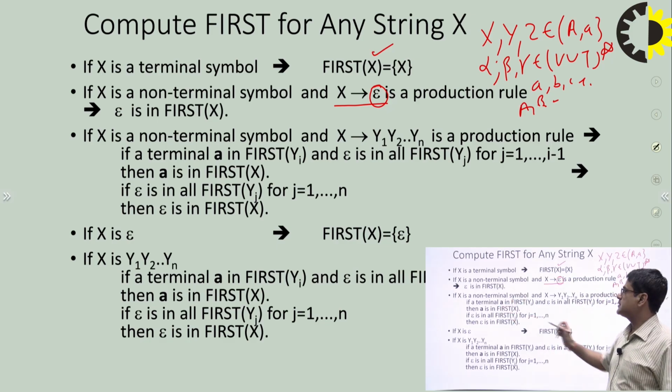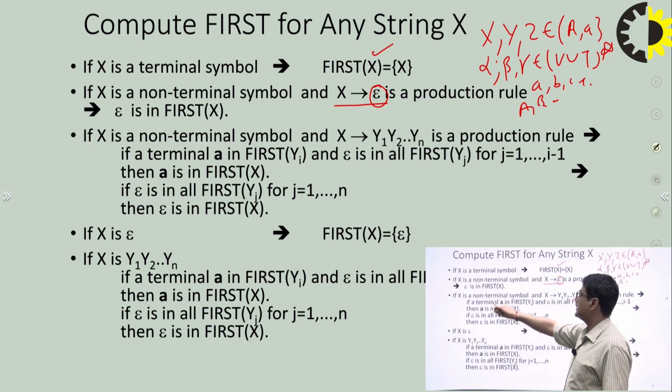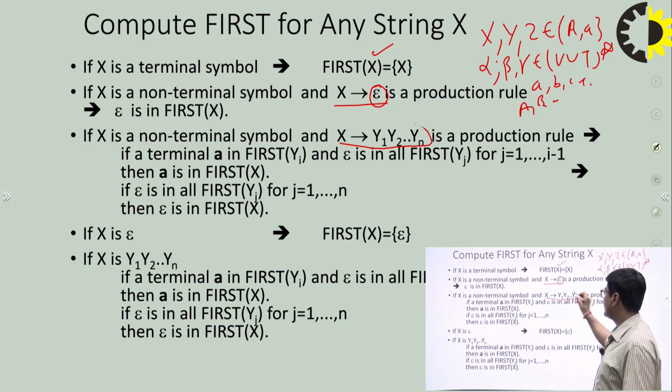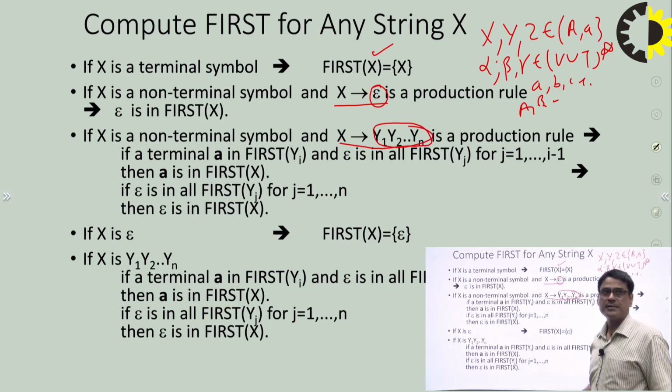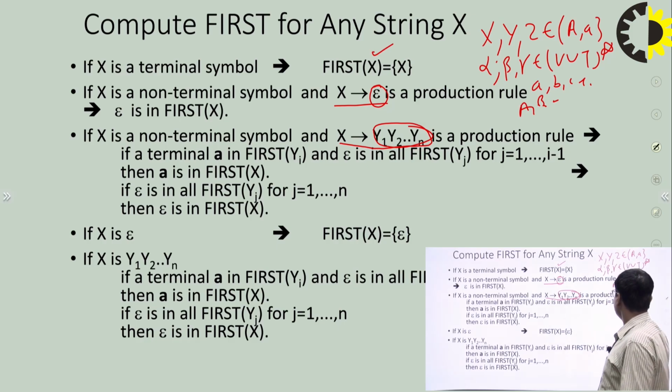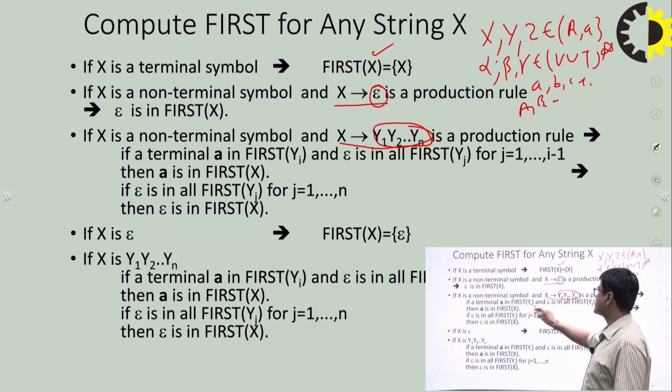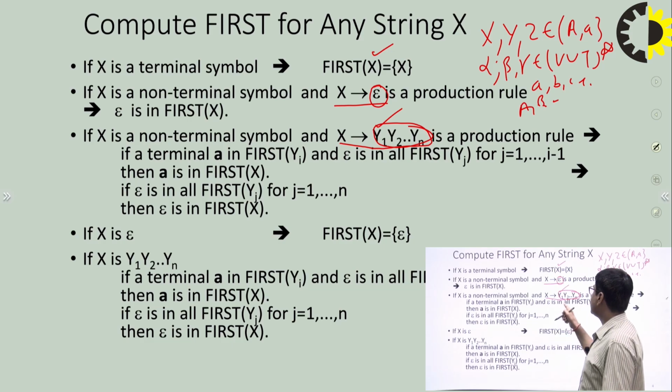The third rule says that if capital X is a non-terminal symbol and X derives Y1, Y2, ... Yn, these all are non-terminals located on the right hand side of this production rule. If a terminal a is in first of Yi, suppose first of Y1 derives small a, and epsilon is in all first of Yj, where j equals 1 to i minus 1.